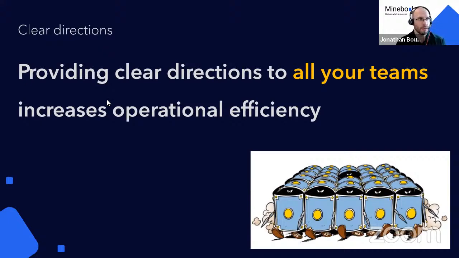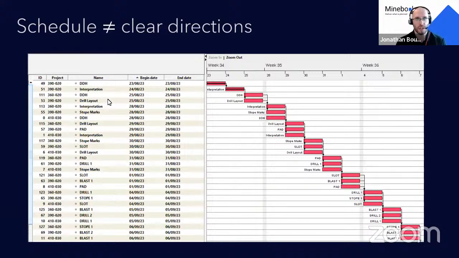This leads me to compare a schedule and clear directions. If you do a good schedule, a Gantt chart, this is an image of a Gantt chart, this is very, very powerful. I've done Gantt charts for like 8 years and I really love them. They're very cool planning tools, but they are not sufficient to provide people with clear directions.